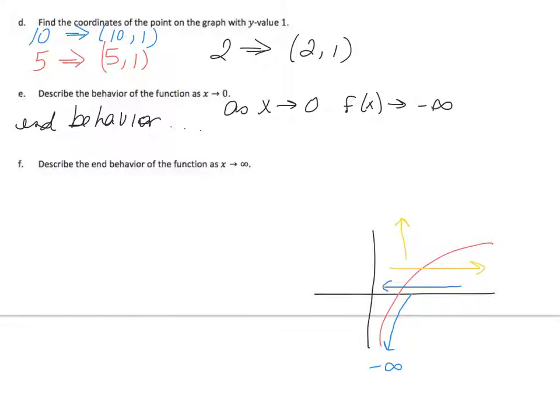And this is the same for g of x, all of them. As x approaches 0, these 3 log graphs approach negative infinity. We're going to get into some different ones that may not.